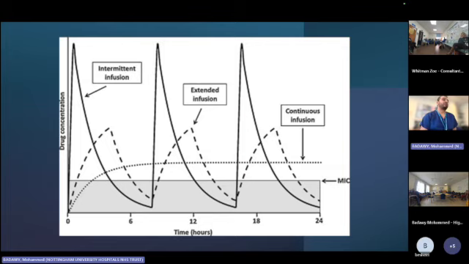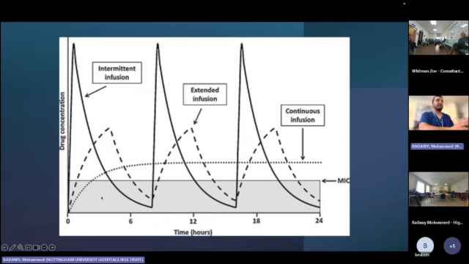This diagram shows the theoretical difference between intermittent, extended infusion, or continuous infusions. This line there is the MIC. If you give intermittent dosing, which we usually do for most antibiotics, they will follow a high peak and then go down, and this is the time above the MIC that they will stay.